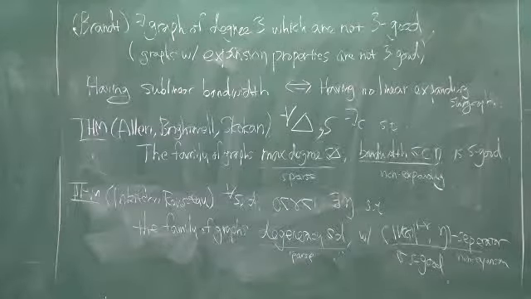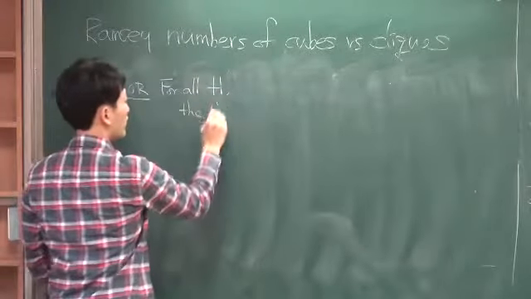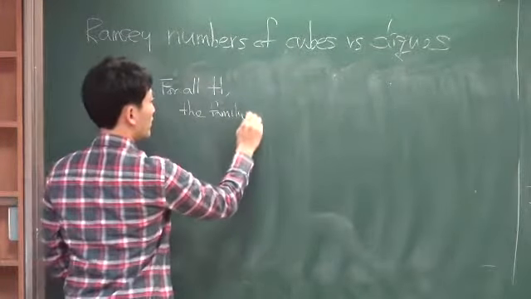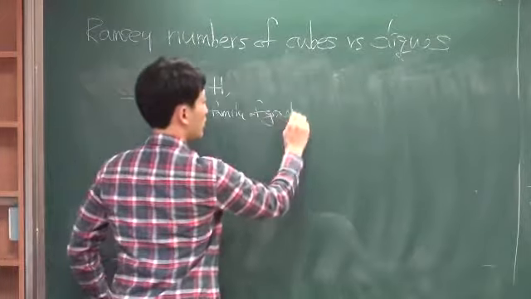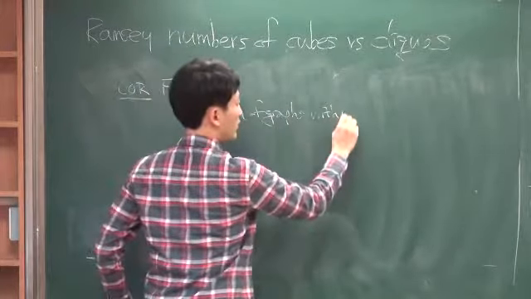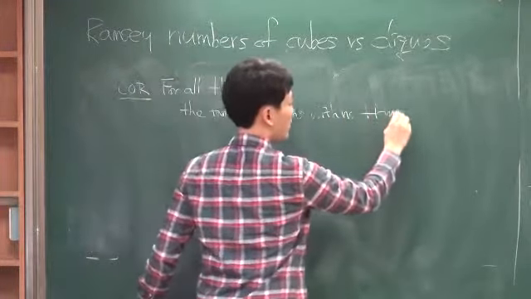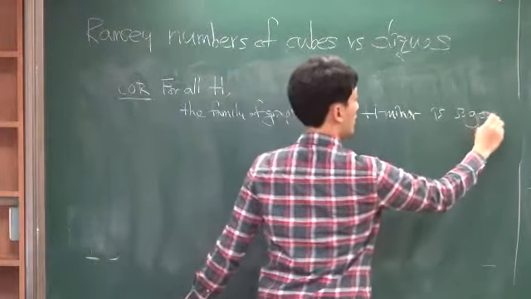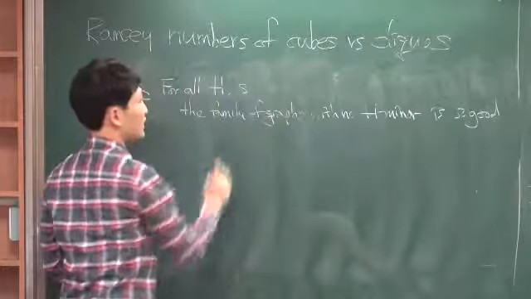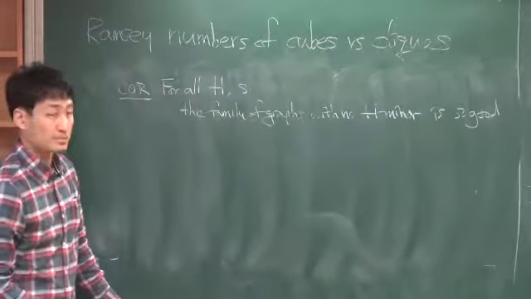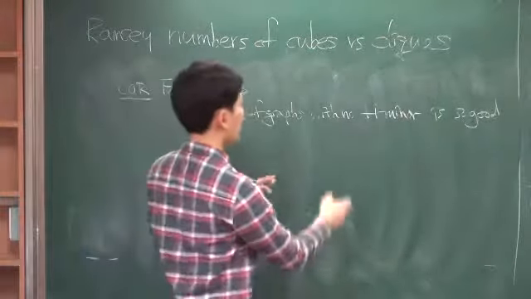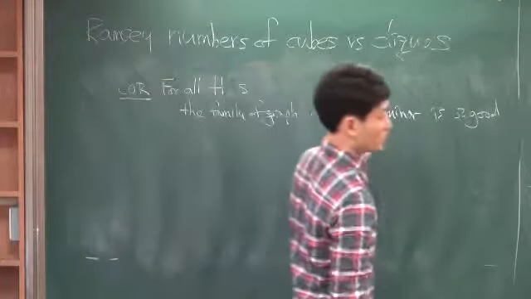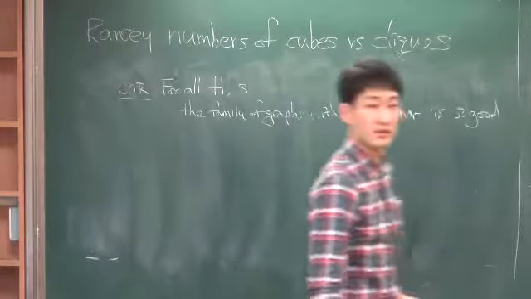For all graphs H, the family of graphs with no H minor is S good, for all H and S. There's a theorem saying that if you don't have an H minor, then you must satisfy this condition.